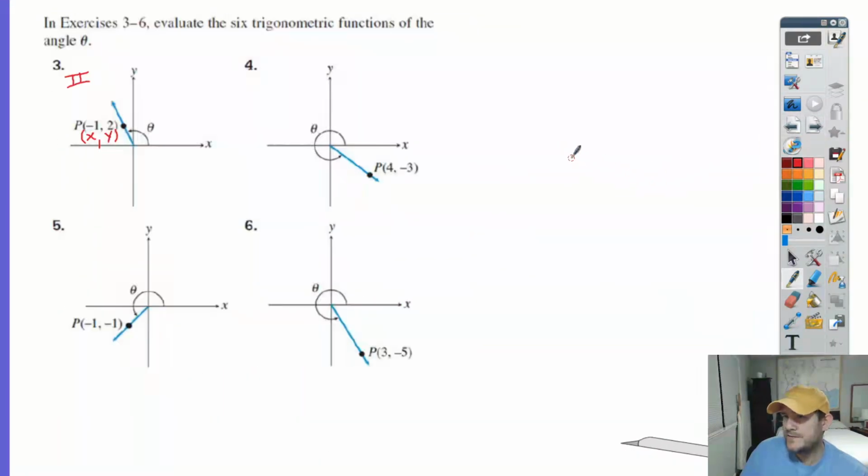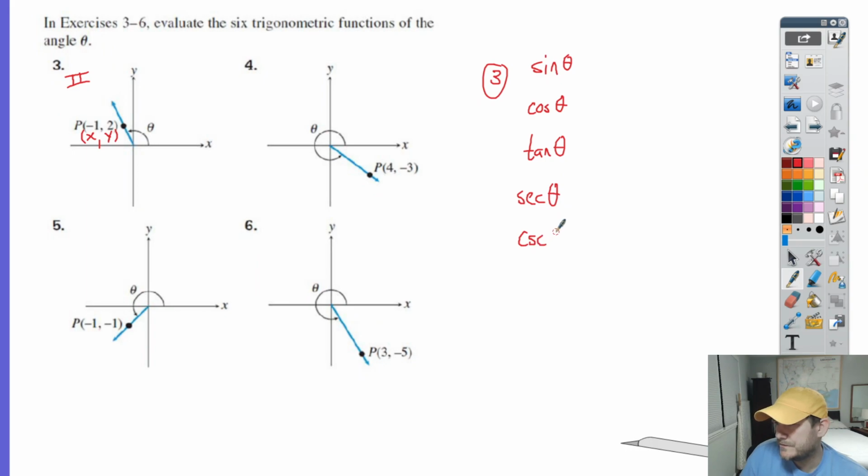So it seems to me that for number 3, if I want the sine of theta, the cosine of theta, tangent theta, secant theta, cosecant theta, cotangent theta, then all I need are those x, y, and r values.